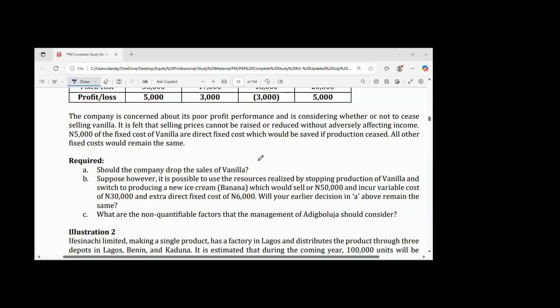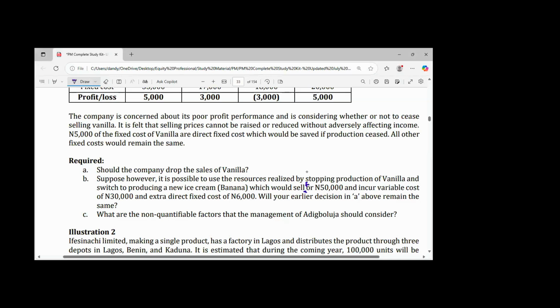All other fixed costs would remain the same. Required: A. Should the company drop the sales of vanilla? B. Suppose, however, it is possible to use the resources realized by stopping production of vanilla and switch to producing a new ice cream, banana, which will sell for 50,000 naira and incur variable cost of 30,000 naira and an extra direct fixed cost of 6,000 naira.